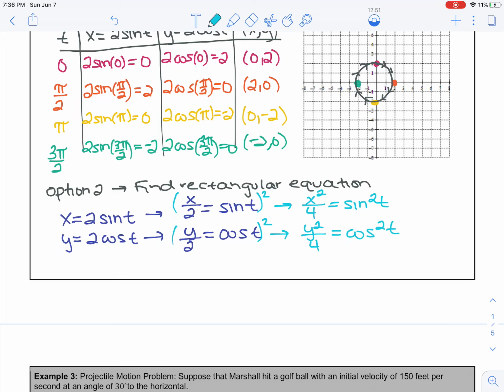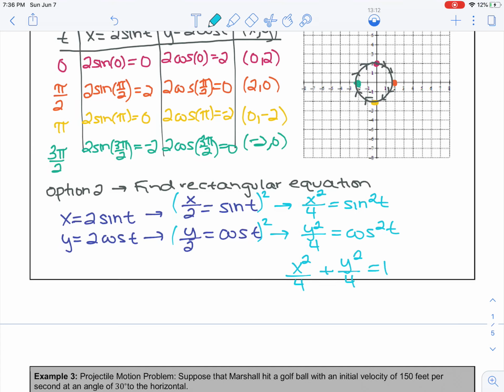So leveraging that Pythagorean identity, instead of writing sine squared t plus cosine squared t equals 1, I can make that substitution right away and say that we have x squared over 4 plus y squared over 4 equals 1.